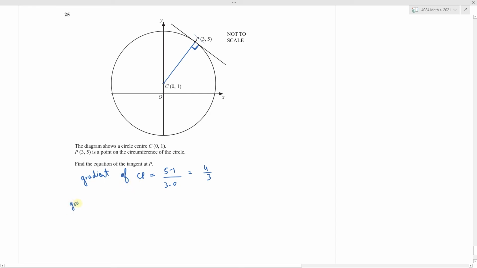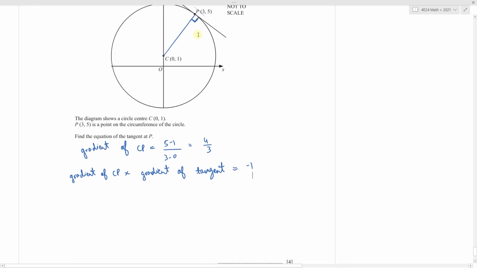So now we know that gradient of CP multiplied by gradient of this tangent here should equal -1 because they are perpendicular to each other. So gradient of CP is 4 over 3 multiplied by gradient of tangent equals to -1.